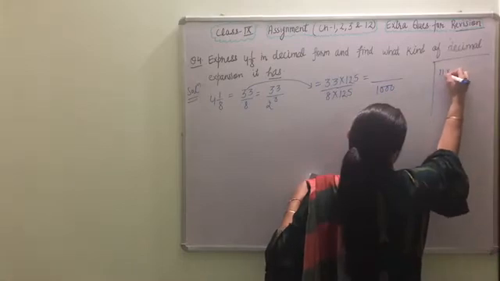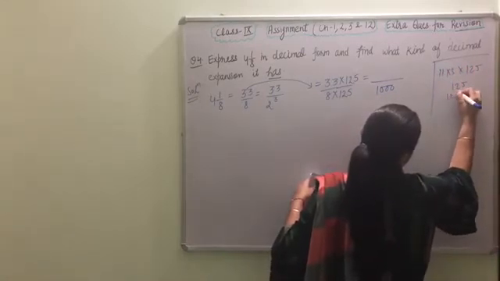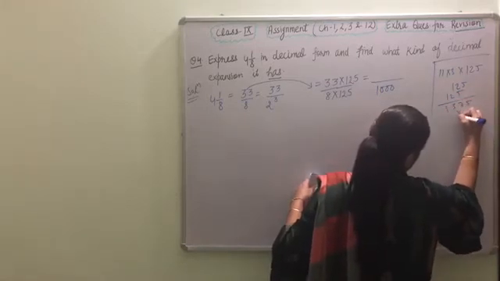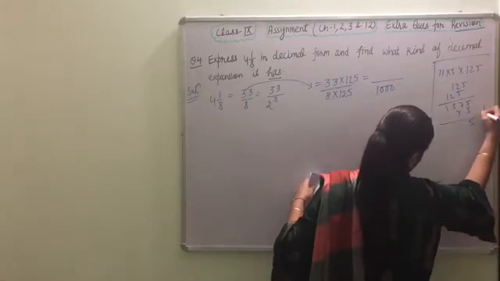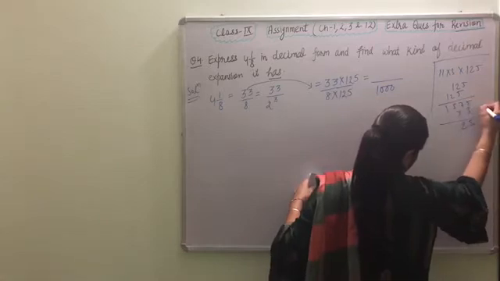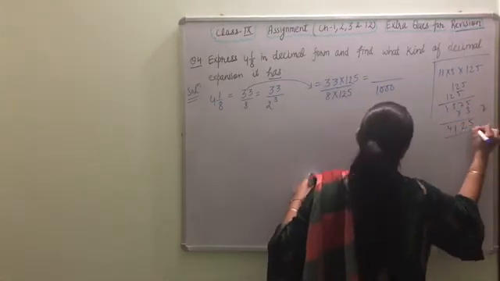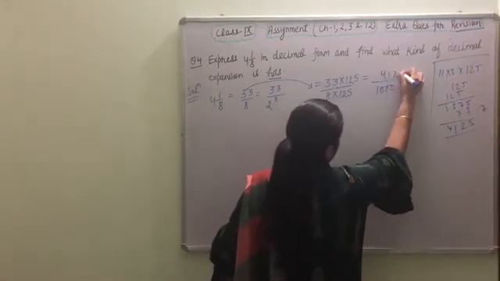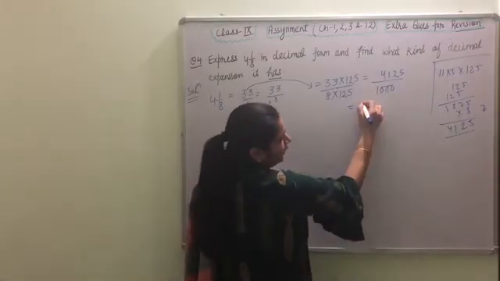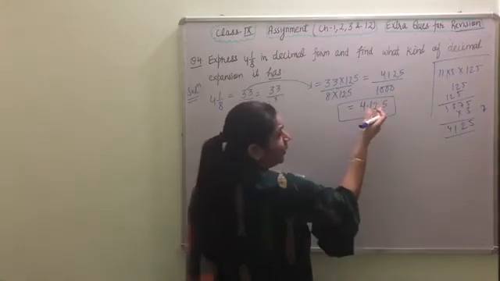Here I am doing the calculation part. 33 times 125 is 4125. 3 digits are there in the denominator, so I can apply the decimal here: 4.125.